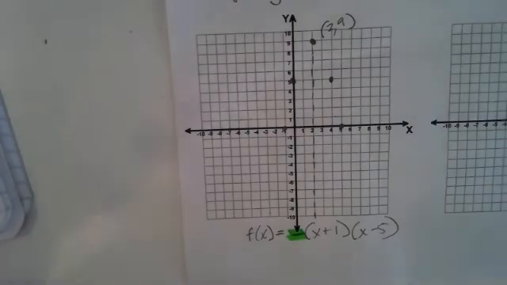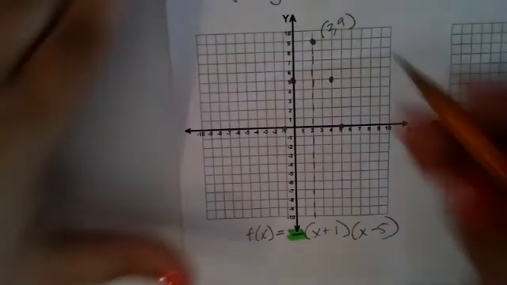My parabola is opening downward. That's just something we need to pay attention to, so that when you start graphing, you're not confused about why your points don't allow you to graph upwards.